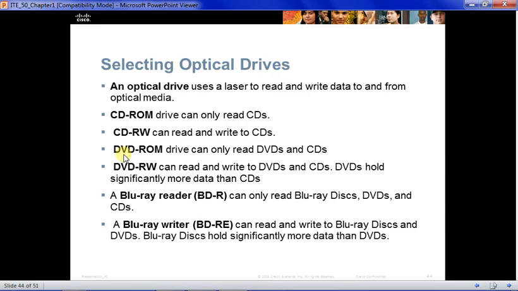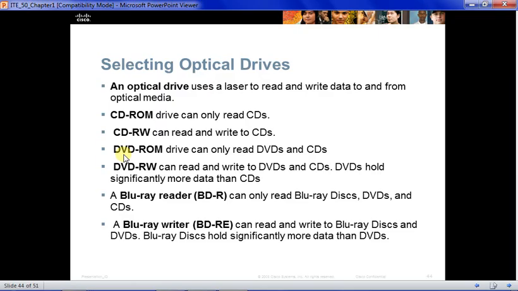A DVD-ROM is a drive that can only read DVDs and CDs. A DVD-RW can read and write to DVDs and CDs. DVDs are for video and they have higher storage capacity. Most computers today are coming with DVD readers and writers in them.